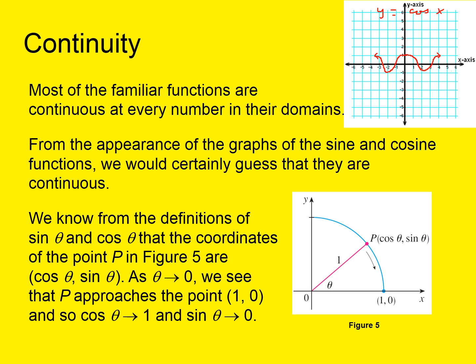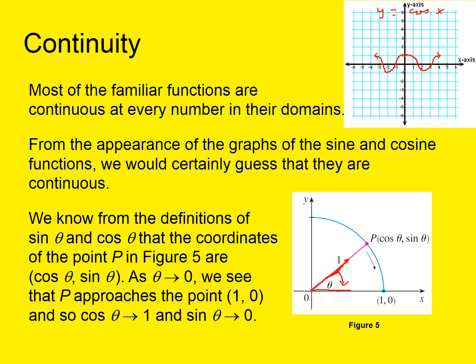As theta approaches 0, so here's an angle theta, and it's getting smaller and smaller and smaller, collapsing into the x-axis. As theta approaches 0, we see that P approaches the point (1, 0).